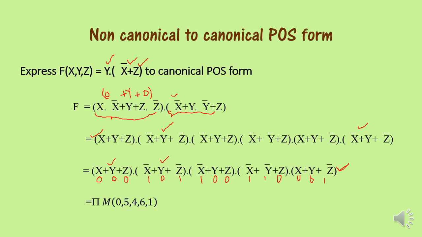But in the other expressions, x term and z term are absent and y term is also absent. So this is a non-canonical POS form and this is a canonical POS form. And in this way we can easily convert a non-canonical POS form to canonical POS form, and we can define this by decimal notation. Okay.